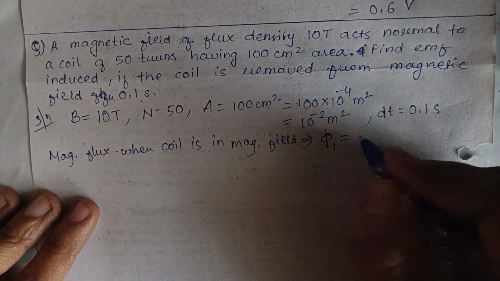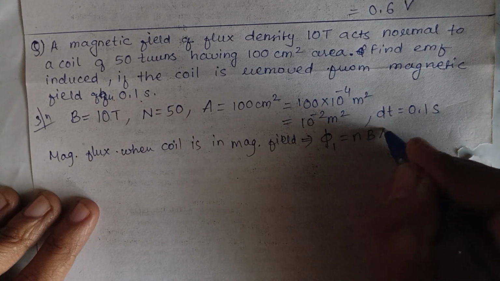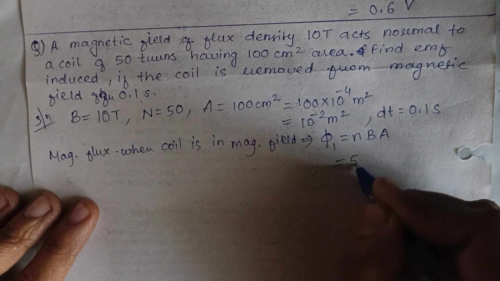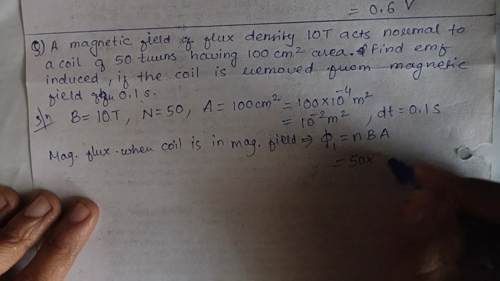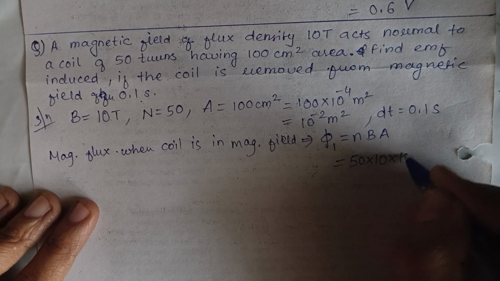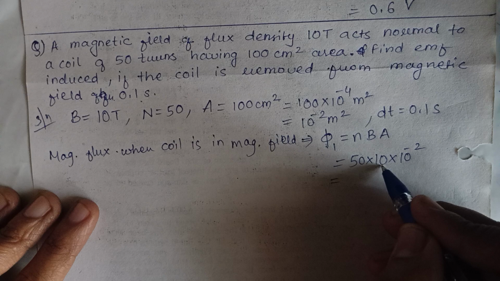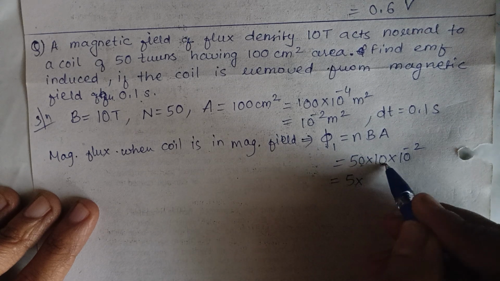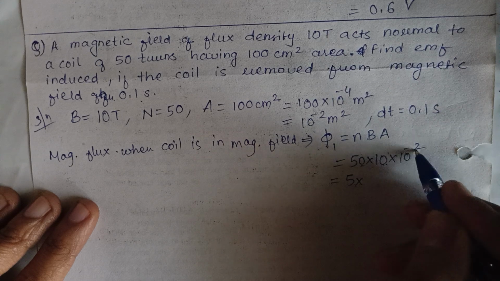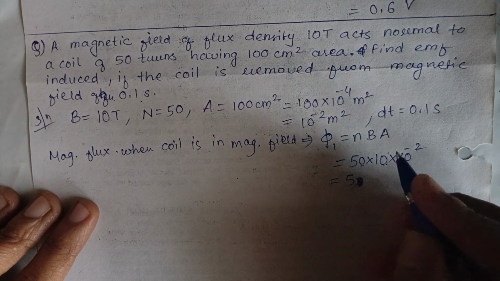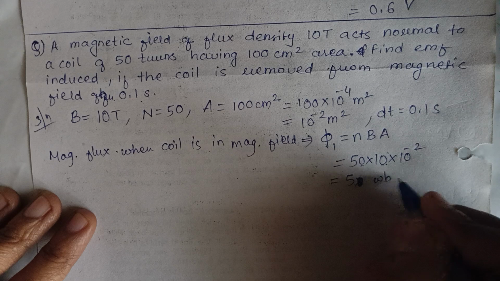It is given by NBA. So 50 into 10 into 10 raised to minus 2. So 50 into 10 becomes 5 into 100, so 10 raised to 2, 2 minus 2, 0. So 5 Weber.